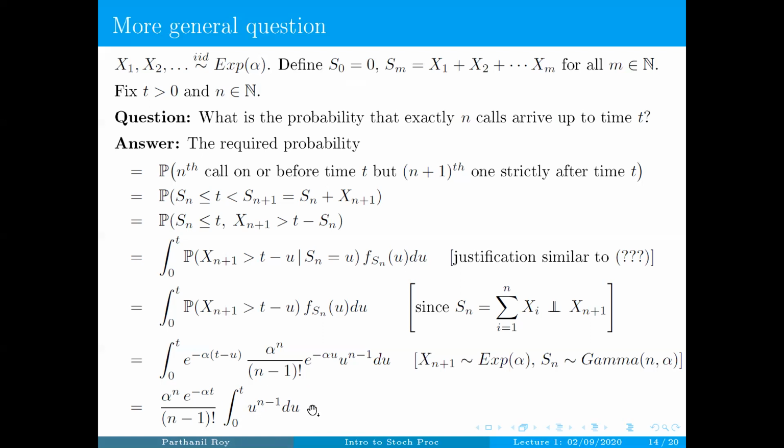And that integral is just u power n divided by n, but we are integrating from 0 to t. So this integral is actually t power n by n. So that will be absorbed here, which makes it alpha t power n, and n in the denominator gets multiplied with this (n minus 1) factorial to give you n factorial. So this is the form of the probability of exactly n calls arriving up to time t, namely on or before time t.